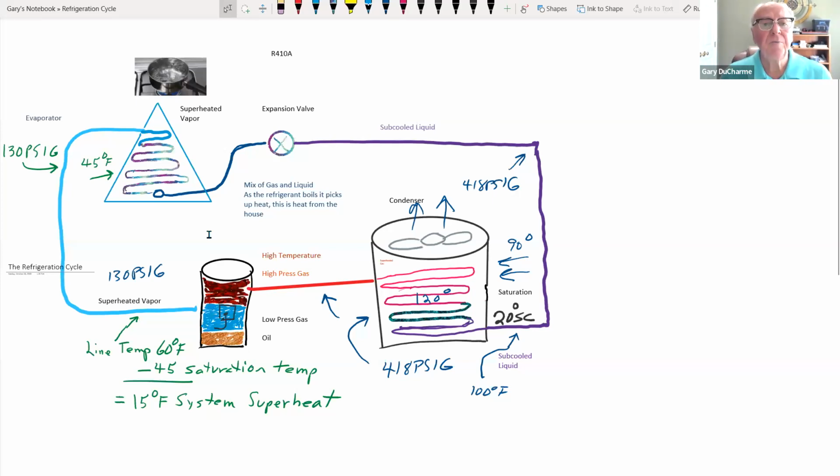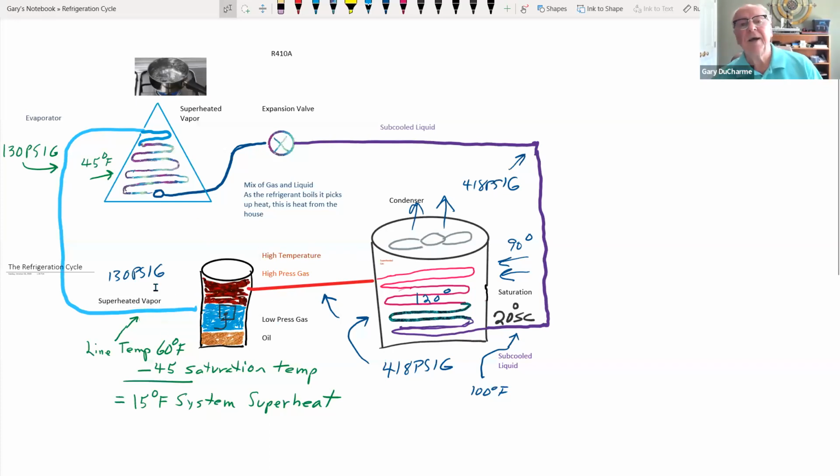The nitrogen is superheated vapor and the oxygen is superheated vapor. That's what we're breathing. So think about it: this compressor wants to breathe in superheated vapor. We don't do well with liquid. The compressor doesn't do well with liquid. Liquid refrigerant coming into the compressor can totally destroy the compressor. And we'll talk about that as we start going around the cycle.